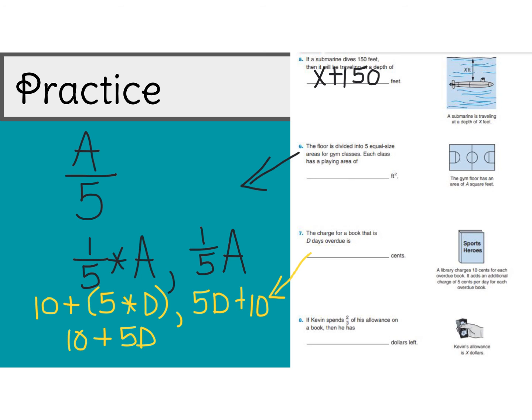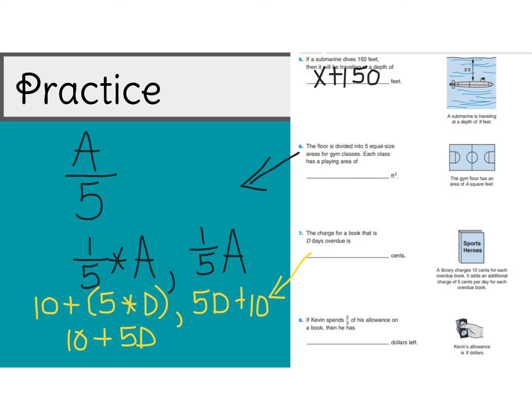So now let's take a look at number 8. If Kevin spends 2/3 of his allowance on a book, then he has blank dollars left. So over here we've got Kevin's allowance is x dollars. So again, he's going to spend 2/3 of his allowance. So how might we write that?